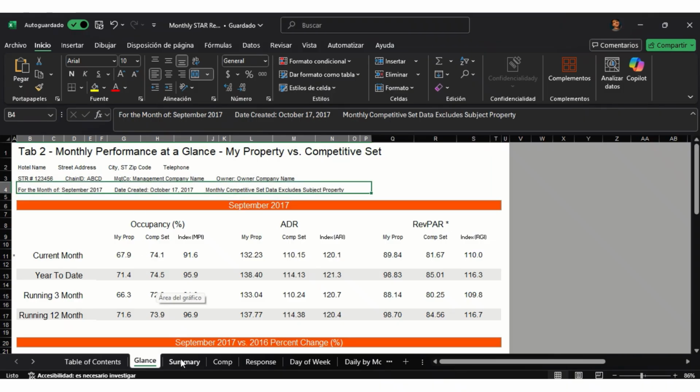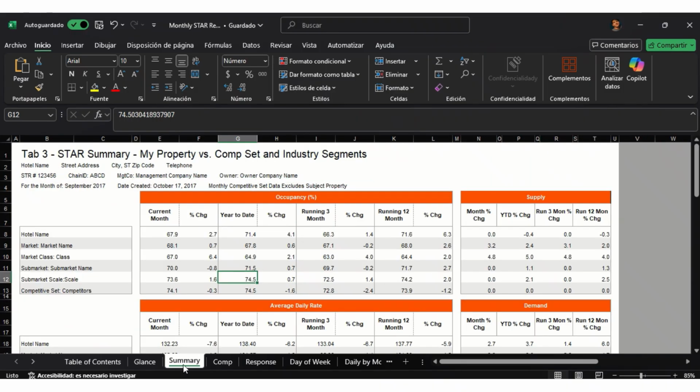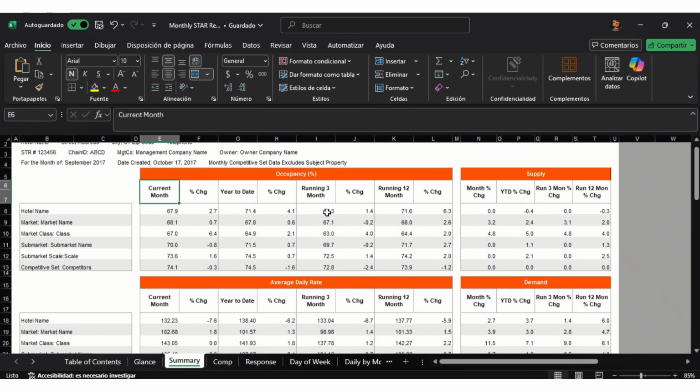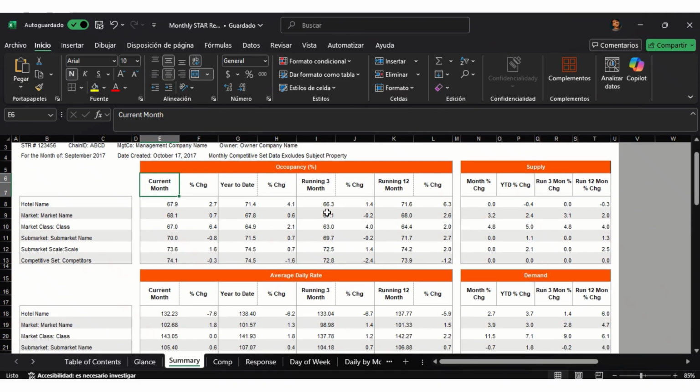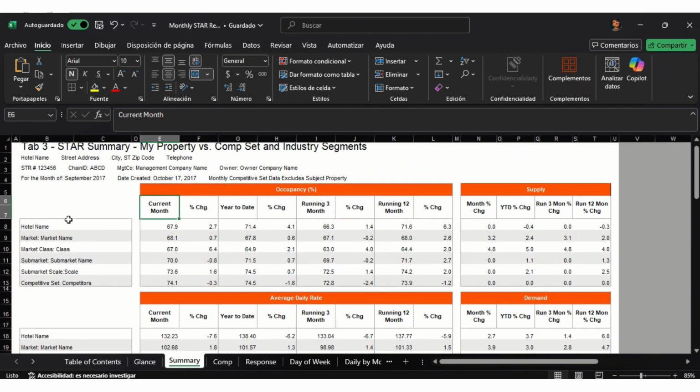Well, the third one, the summary tab, contains detailed performance data for the current month, the year-to-date period and the running 3 and 12 month periods. It includes KPIs like occupancy, ADR, and RevPAR, and compares the subject hotel's performance with its comp set, market, and track.